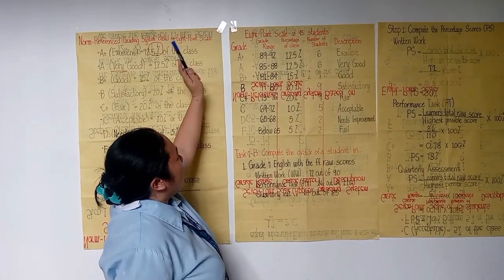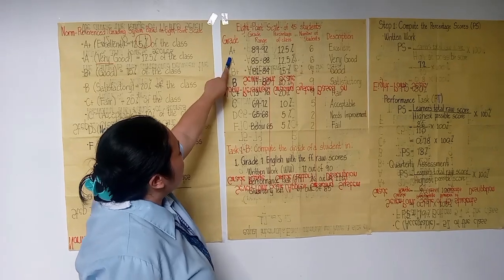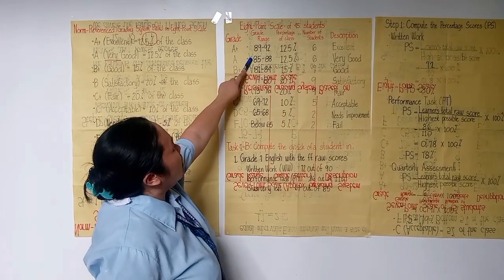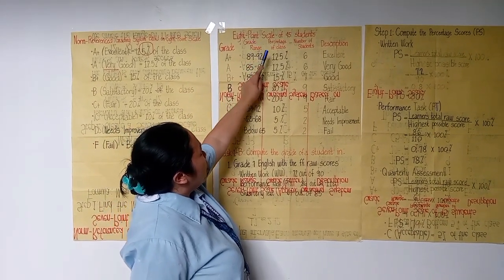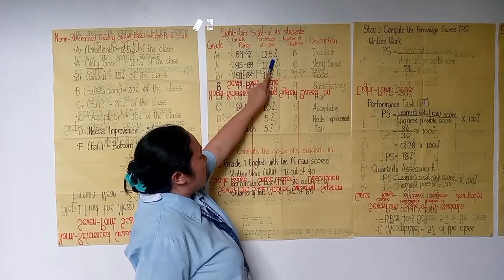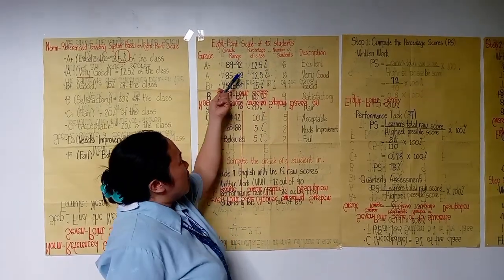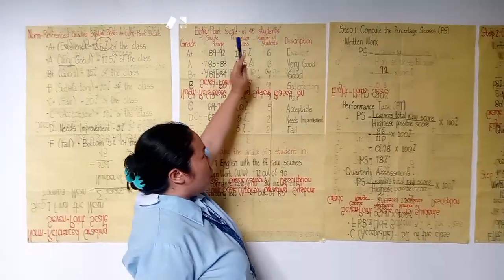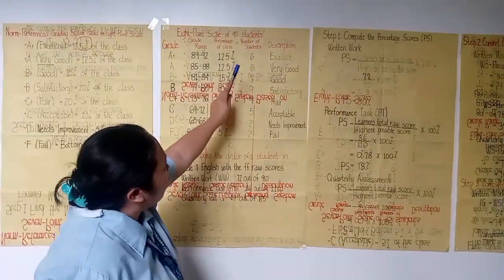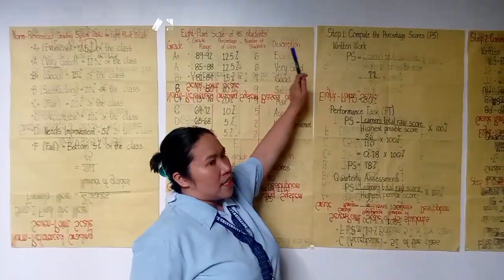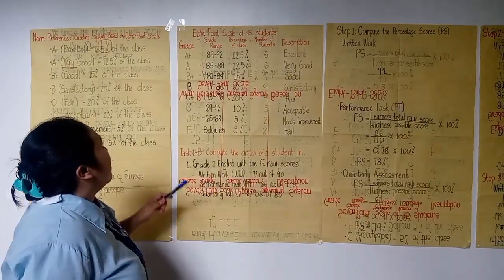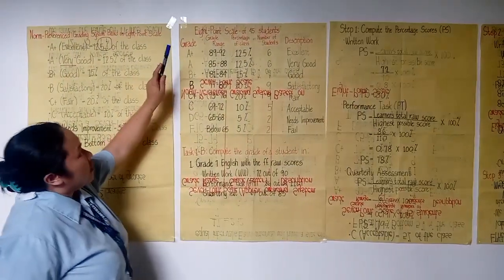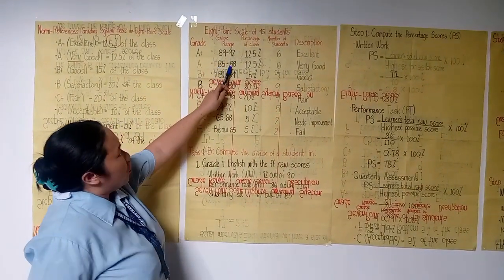At the top, A plus, grade range between 89 to 92. We have 12.5%. So 12.5% of 45 students is equal to 6 students, described as the excellent performers in the class.